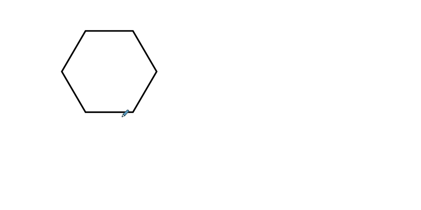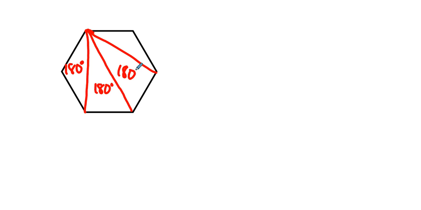And the thought is that because we have all this space here and there are no triangles in the space, but we know something about triangles, we can just pick our favorite vertex and break the hexagon into triangles. And so each of those triangles has angles that add up to 180 degrees.